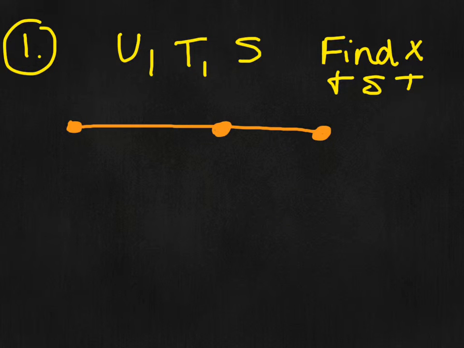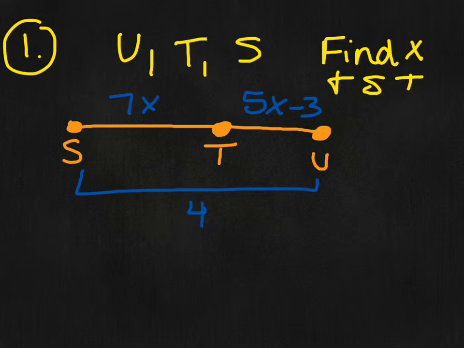Okay, it says T is between S and U, so we know S is one, U is the other, and T is in between them. We know that ST equals 7 times x, TU is 5x minus 3, and the whole thing, SU, is 45.